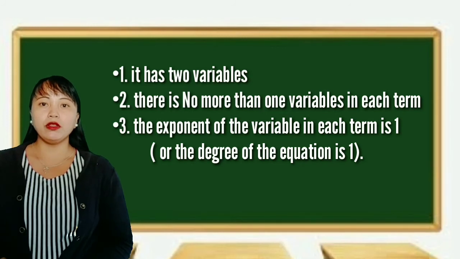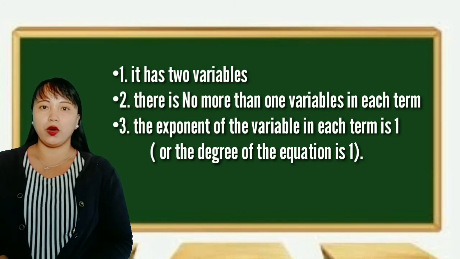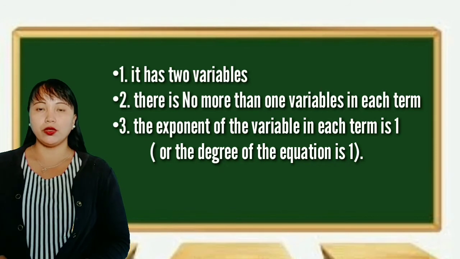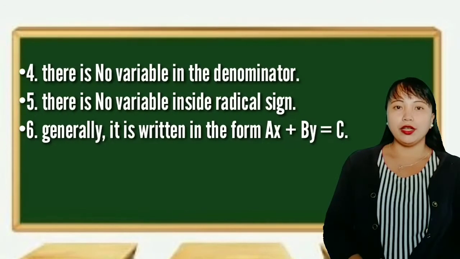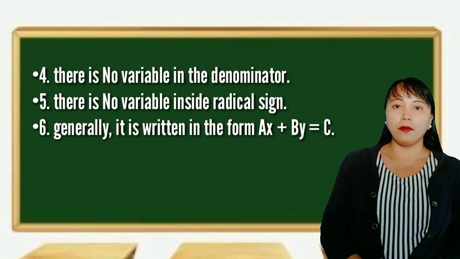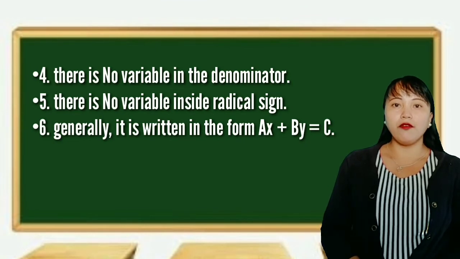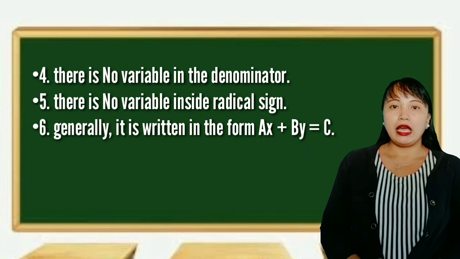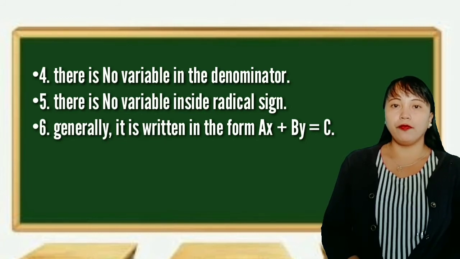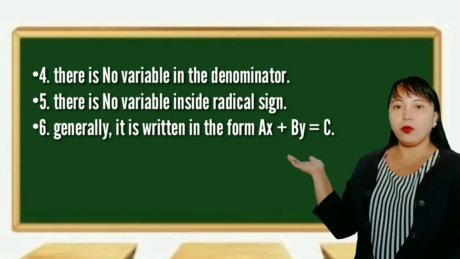The exponent of the variable in each term is 1, or the degree of the equation is 1. There is no variable in the denominator. There is no variable inside a radical sign. Generally, it is written in the form of ax plus by equals c.